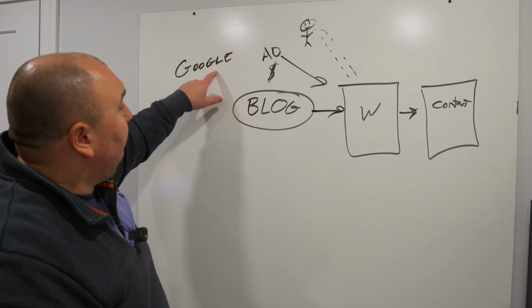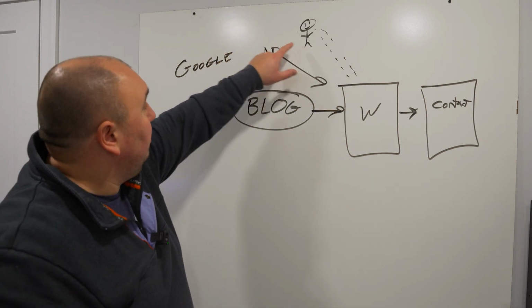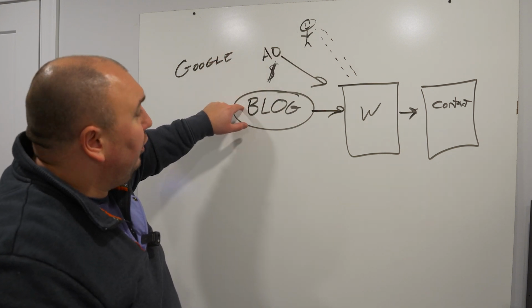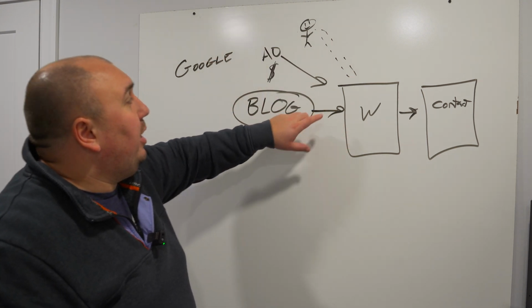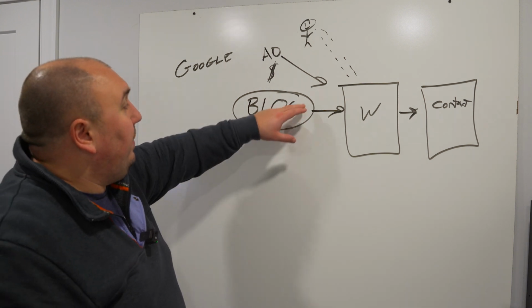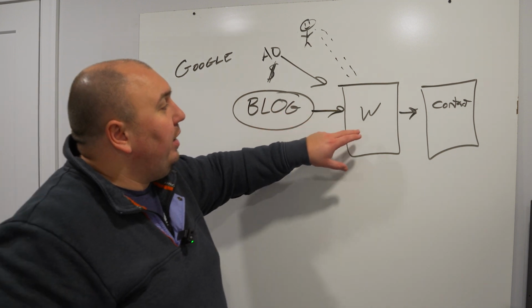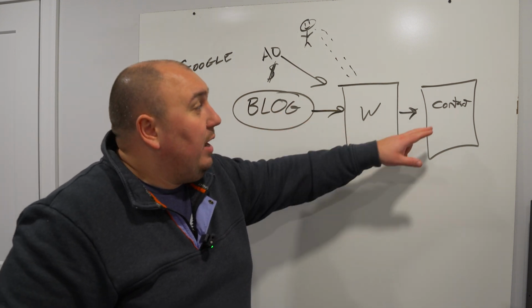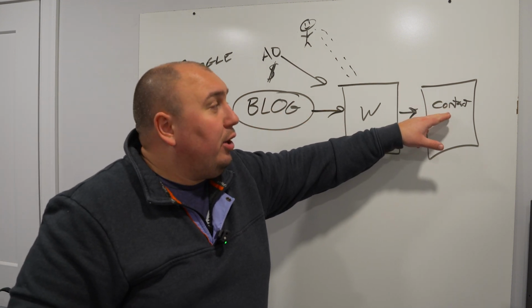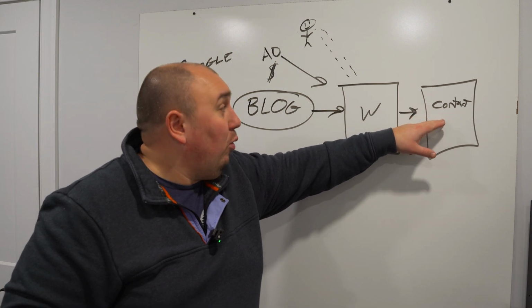Google is going to send traffic to your blog. This person will go from Google to your blog, visit your website, and because they're already interested, because you've attracted them through your blog, they will then want to go to the rest of the website, and if they're a good fit, they are going to go through and submit a contact form.